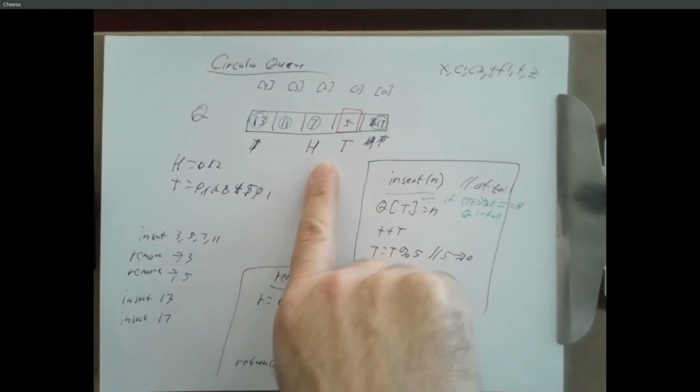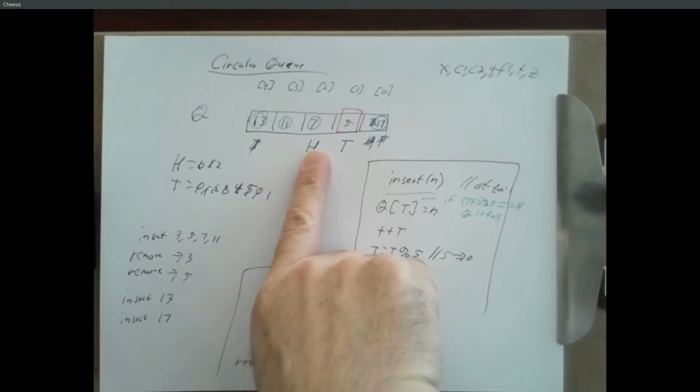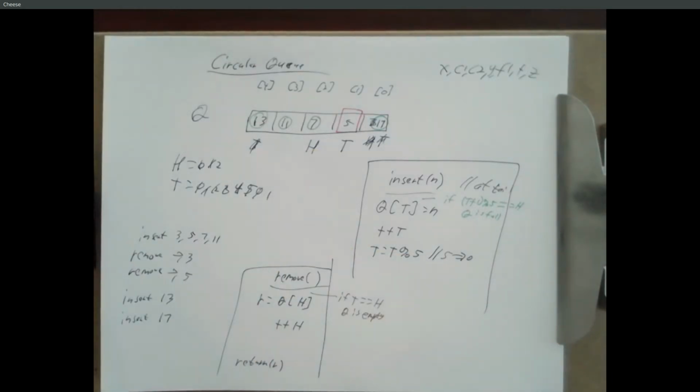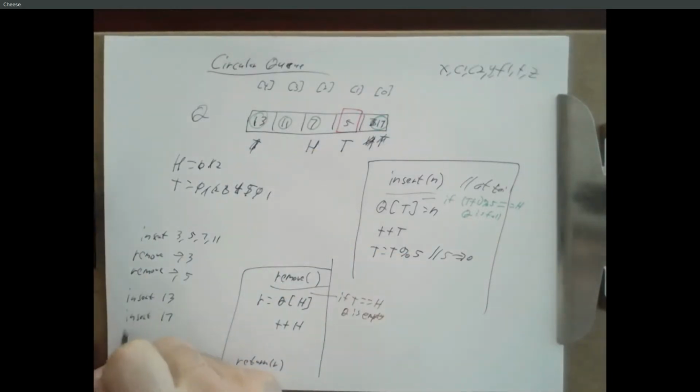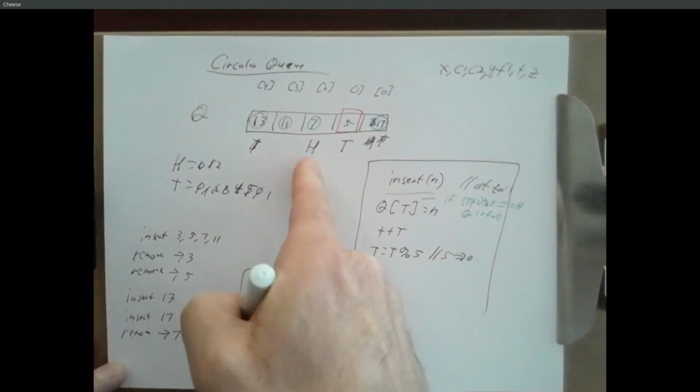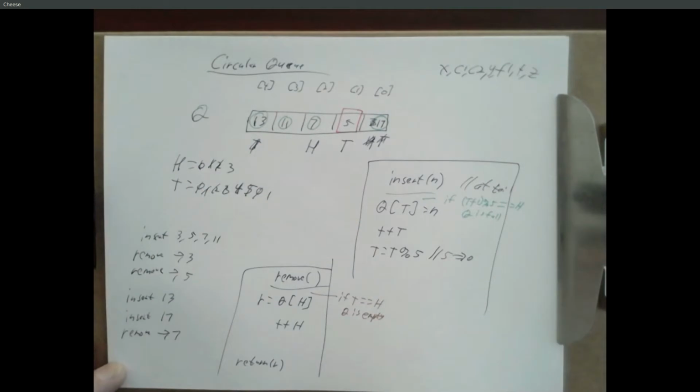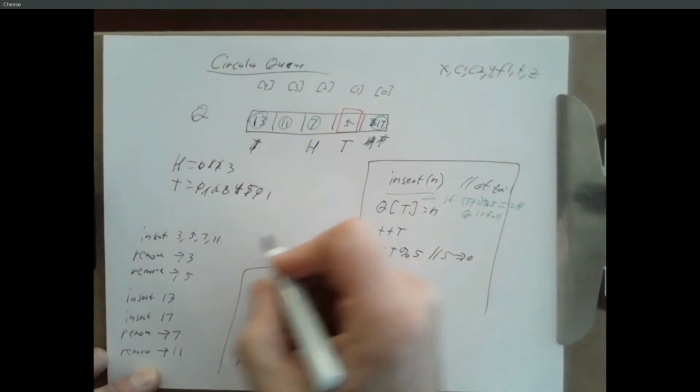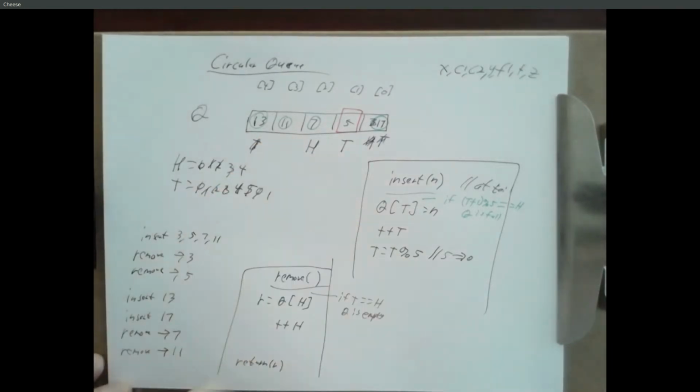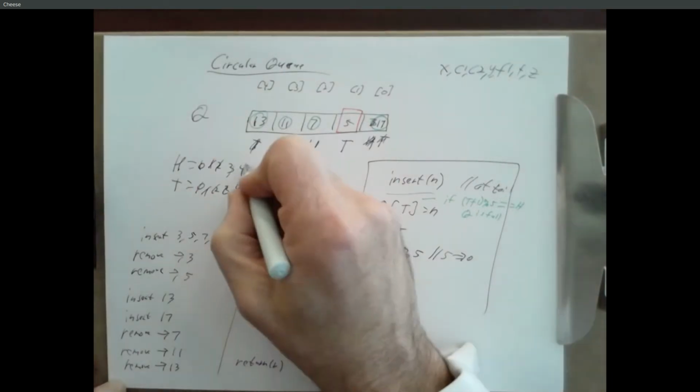That'll give us the 7. So remove returns a 7 and increments the head to 3. Remove again will give us element 3, which is 11, and increment the head, so the head is now 4. And remove again will give us a 13 and increment the head to 5.